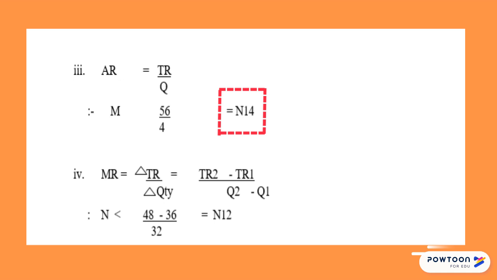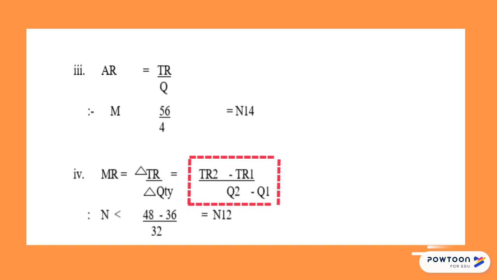Now to get the value of N, which is marginal revenue, we will use this formula: change in total revenue divided by change in quantity, or the difference between the second level of total revenue and first level of total revenue, and the second level of quantity and first level of quantity.